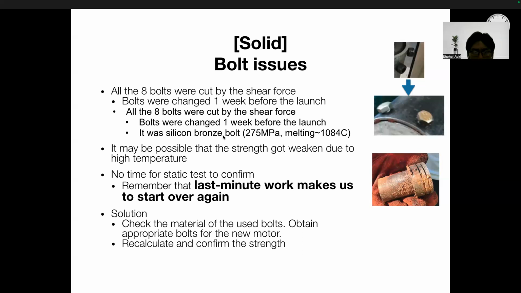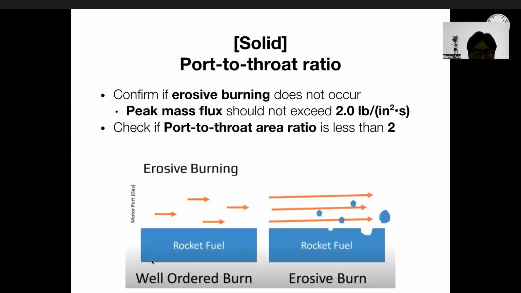And even so, the major component of bronze is copper, so it has a lower melting point, which is around 1,000. So it's most likely the bolts had an issue. We have to settle this problem, so we need to recalculate and replace them.